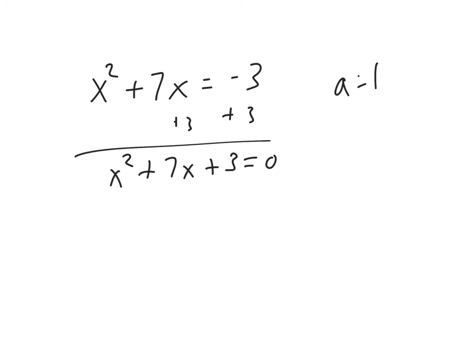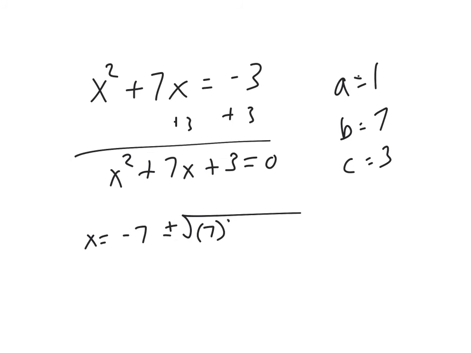So a is 1, b is 7, c is 3. I don't know what a, b, and c are until I get it in the right order. And then we just plug everything into our formula. So negative 7 plus or minus b squared would be 7 squared minus 4 times a times c, and then all over 2 times a.